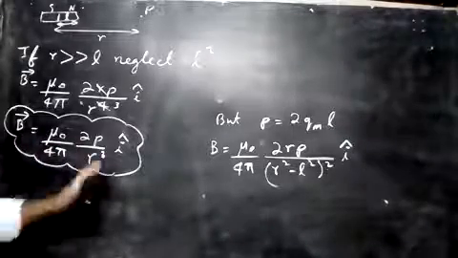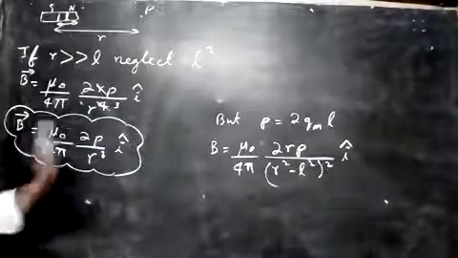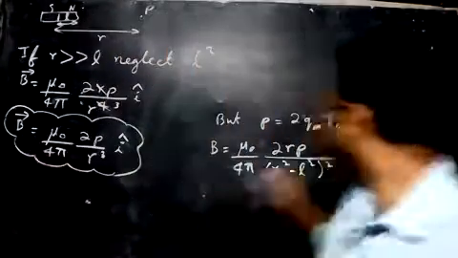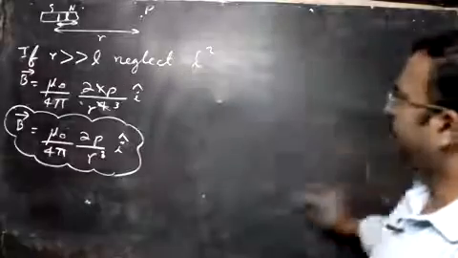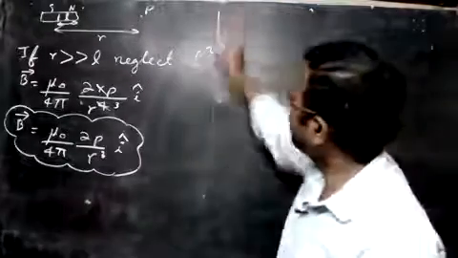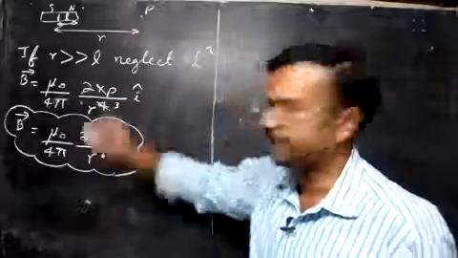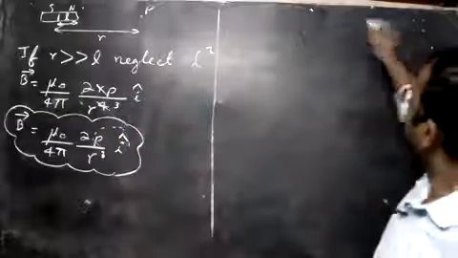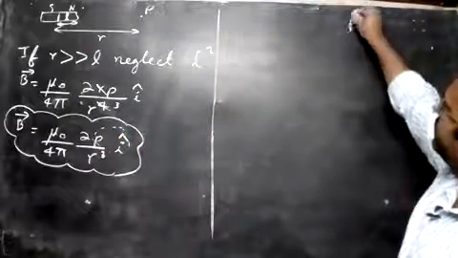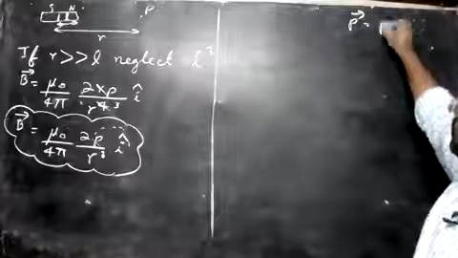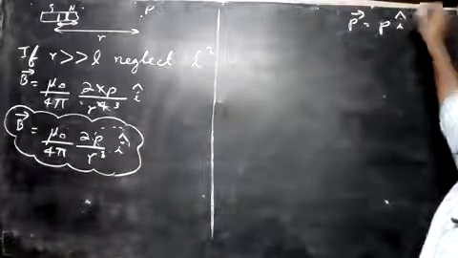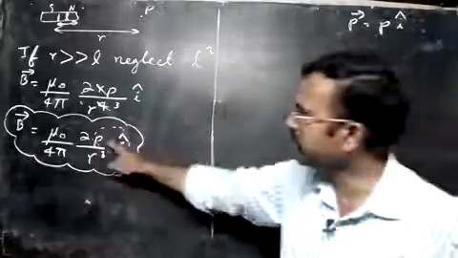We can write this in another format. We have this P into î term, and we can write it another way. P vector is equal to the magnitude of P into î, so instead of this term we can write P vector.